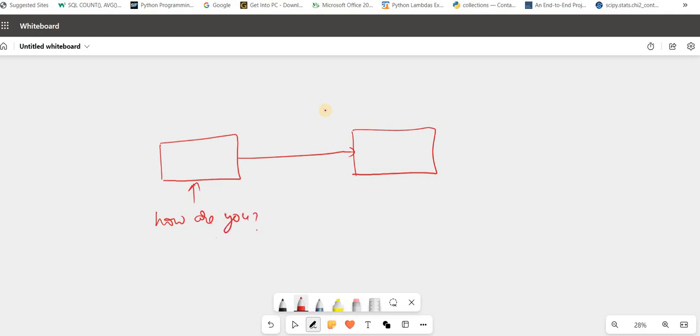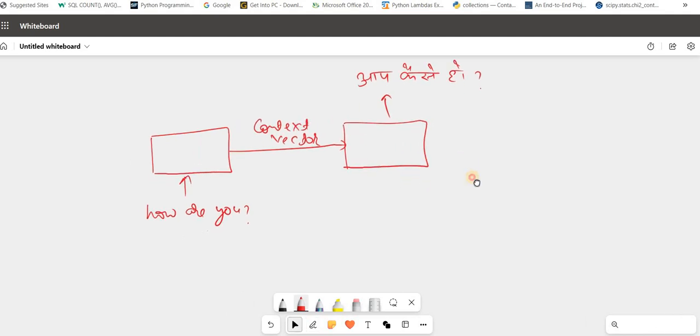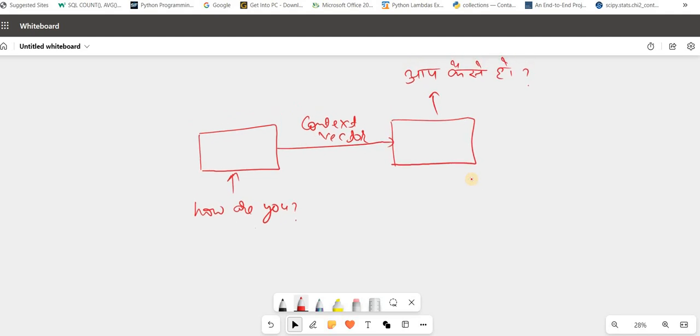The output will be here, आप कैसे हो, right? And this is the context vector. So usually in the encoder, how does data go? The entire sentence will not go in one shot.